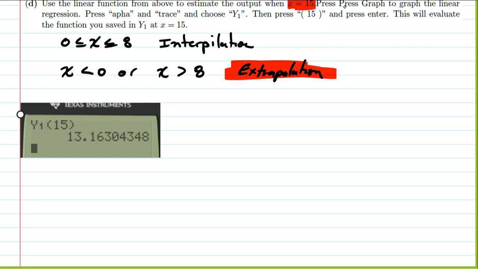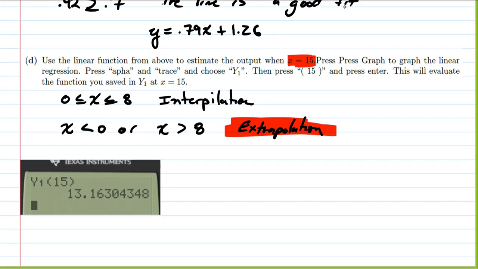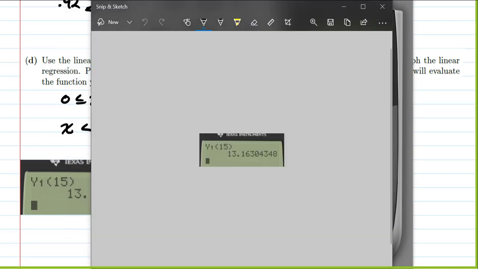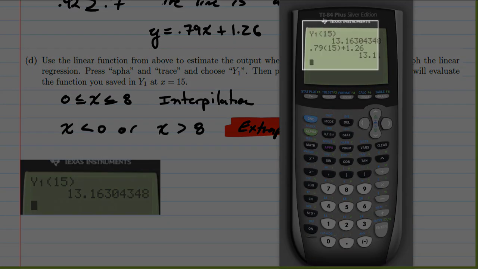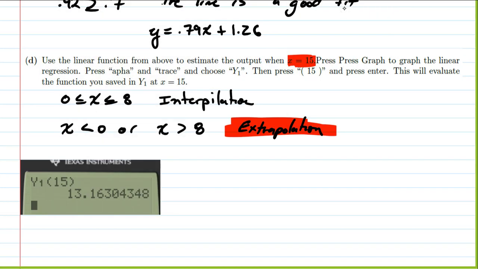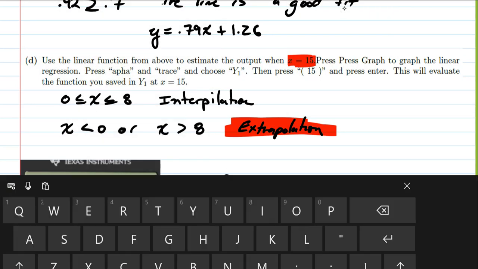13.16. If we use this equation that we rounded, notice if we go 0.79 times 15 plus 1.26, we're going to get something close, but because we did all that rounding, we were accurate only to 1 decimal point.